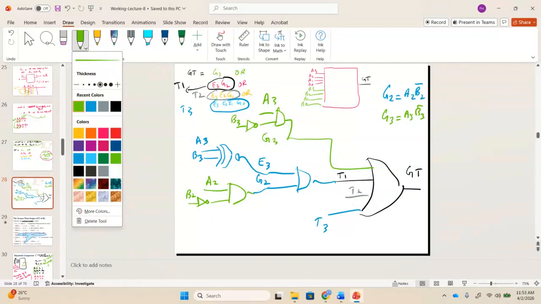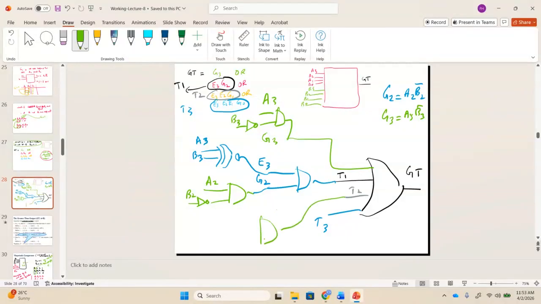We have E3, and we can take it from here. Then we have E2 and then G1. What is E2? If we go for E2, this will be an exclusive NOR gate, A2 and B2. This is E2, and then we have G1 here, and then we can complete the whole circuit.